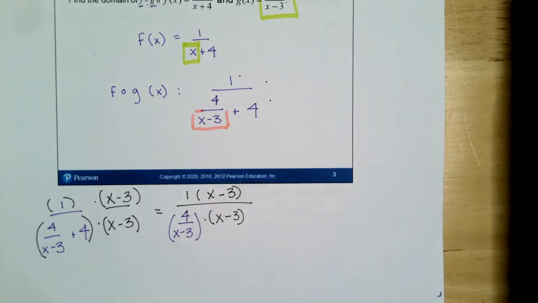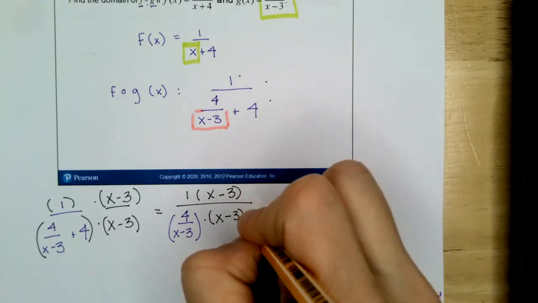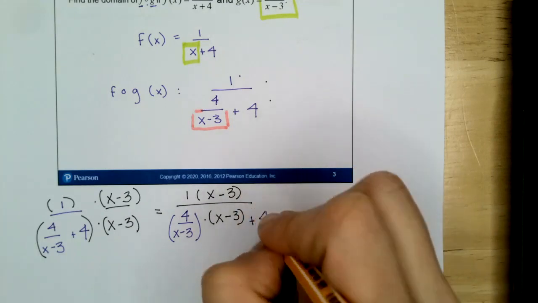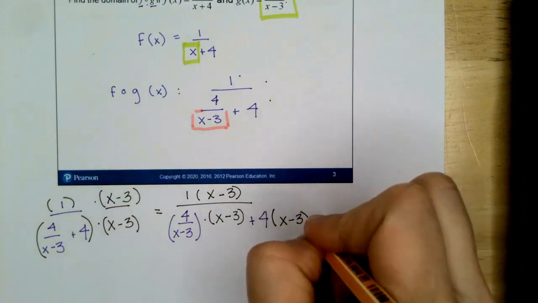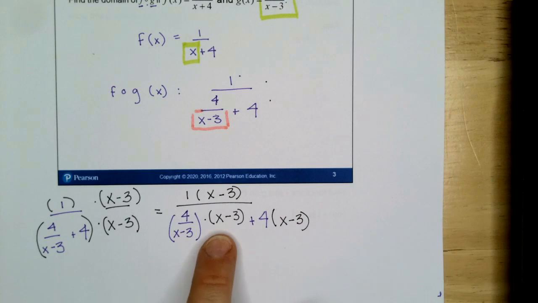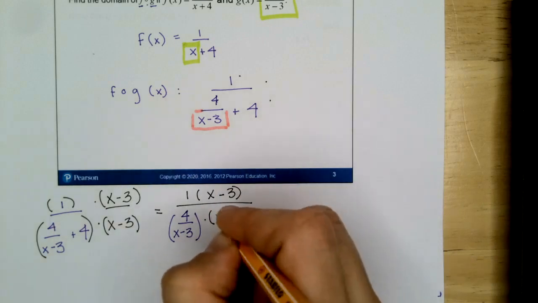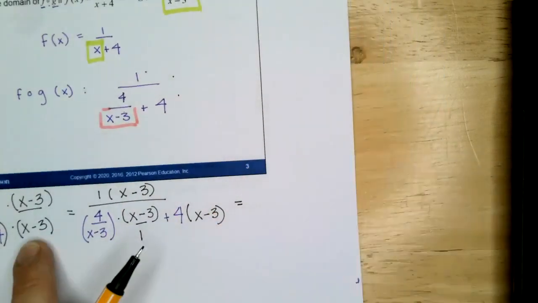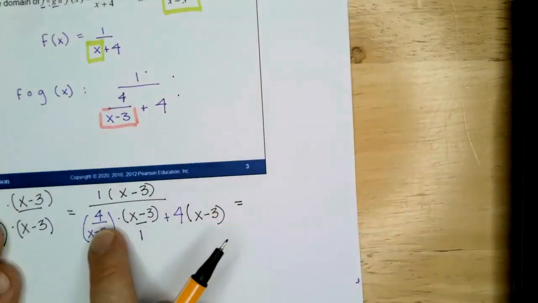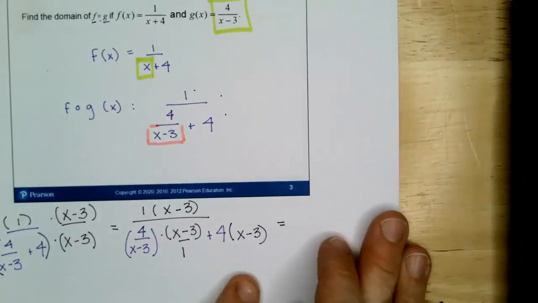Because then those cancel each other out, plus 4 times x minus 3. This could also be seen as, in fraction form, x minus 3 over 1, if that's easier. So we took that x minus 3, we multiplied it by this term, and we multiplied it by this term.